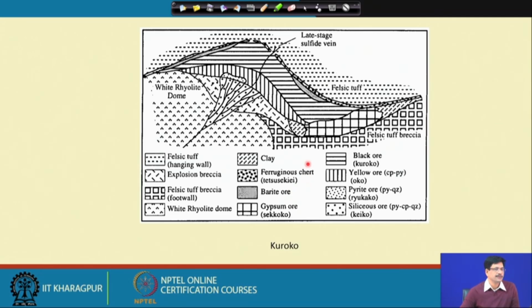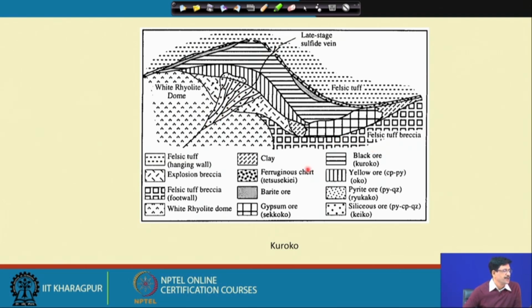And this one is a typical cross section of a Kuroko deposit, where we see that the rock is a felsic rhyolitic dome, and there are also late stage sulphide veins at the top, and this is the feeder dike.